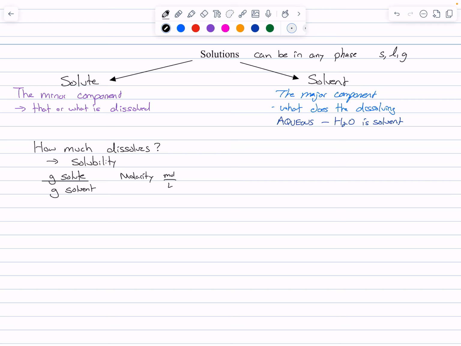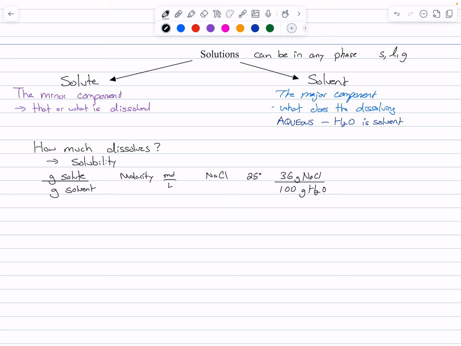Right. So for example, sodium chloride at 25 degrees Celsius, you have 36 grams per 100. All right.